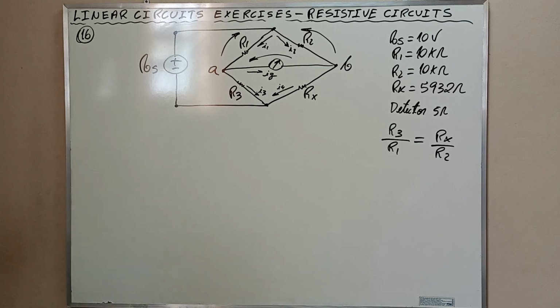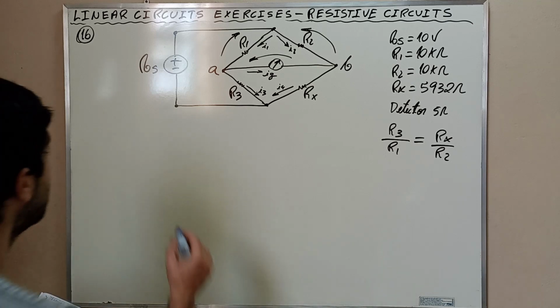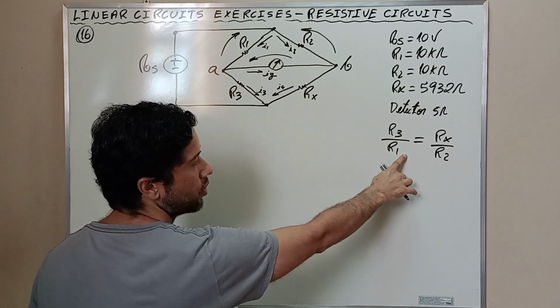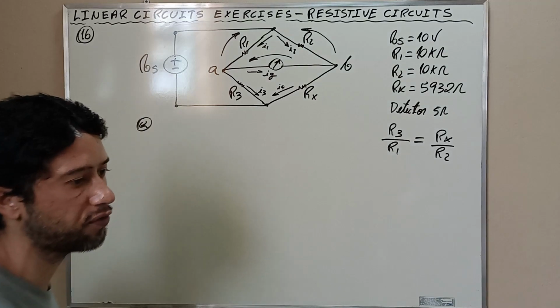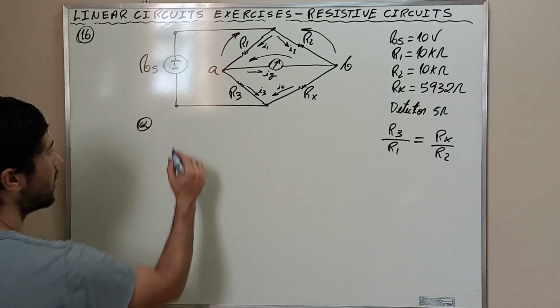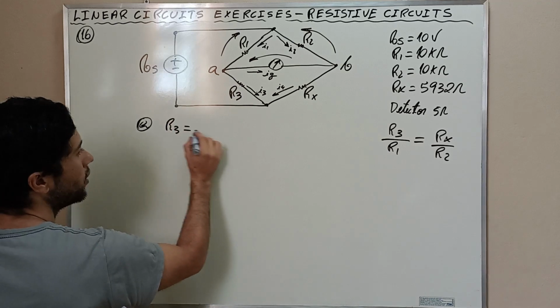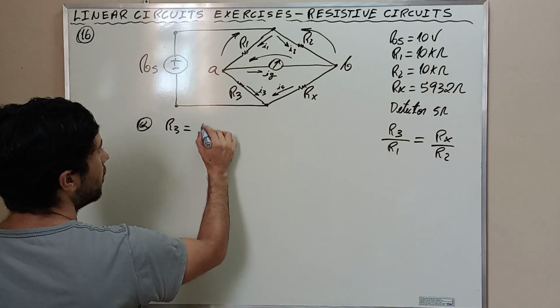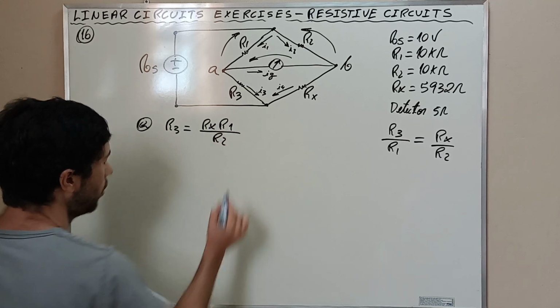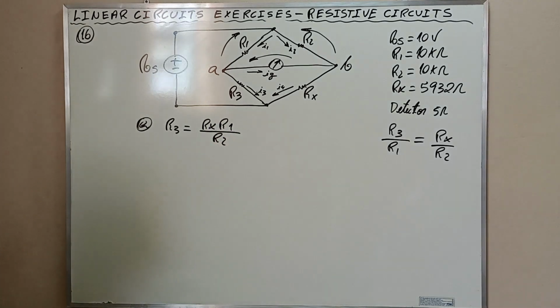What did letter A want? Letter A wants us to find the value of R3 required to balance the bridge, okay? So, in letter A, we are going to use this equation here to find the value of R3 that balances the bridge, alright? And R3 is going to be equal to Rx times R1 divided by R2. We can simply use the values.